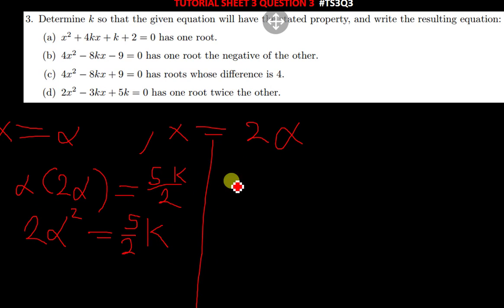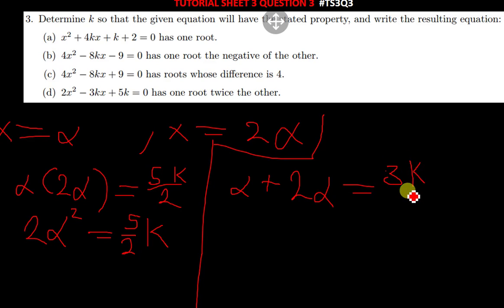Then you move on to addition of 2 roots. So when you add alpha and 2 alpha, it should give you negative b, so that's positive 3k over 2. So 3 alpha is equal to 3 over 2k.